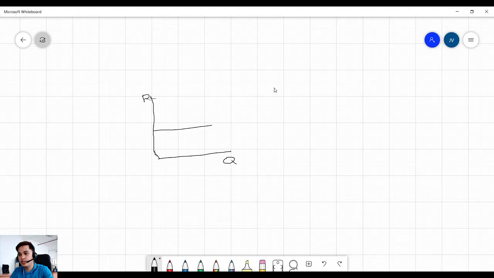Now, when we say our PED is perfectly inelastic, if you graph it, it looks like this, vertical. It means that no matter how much the price changes, your quantity demanded is constant. An example is, let's say, insulin.